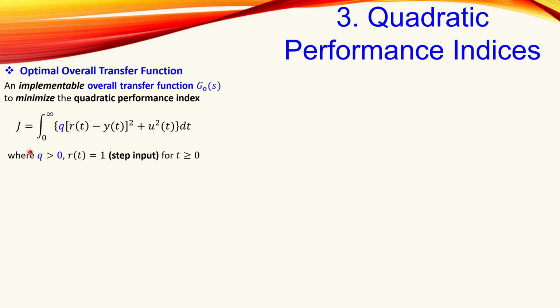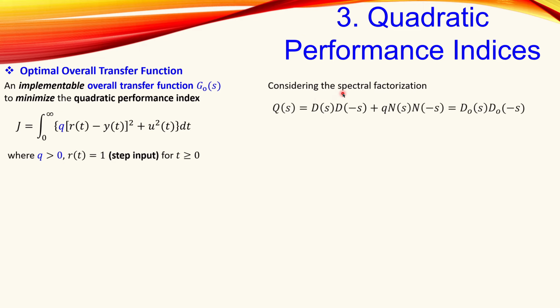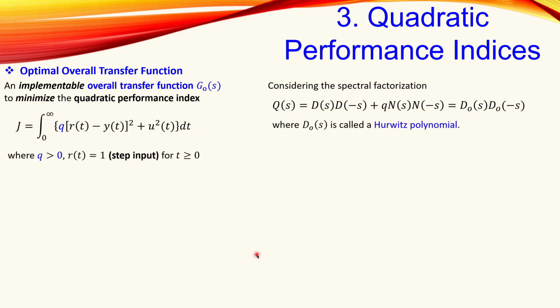Now, if q is larger than 0, because that is mandatory, and for example the reference input is a step input, so then this is in the time domain just 1 for all t equal to or larger than 0.